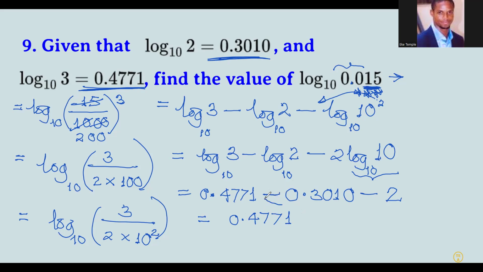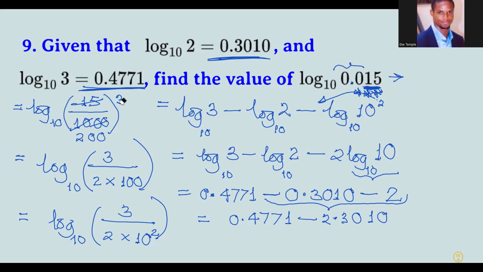Look at this two. Yes. So if you take them together, that's going to be minus 2.3010. And don't use the calculator at this point because you're going to get an answer that is negative. Rather, subtract the way they stand.